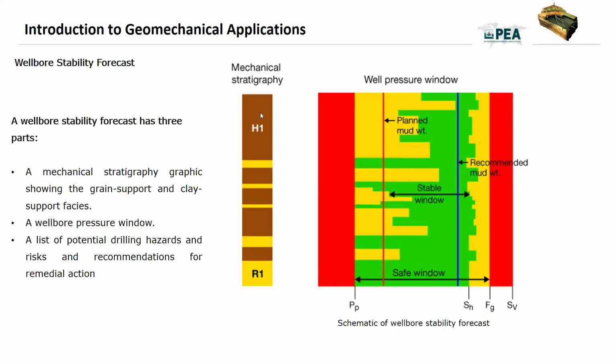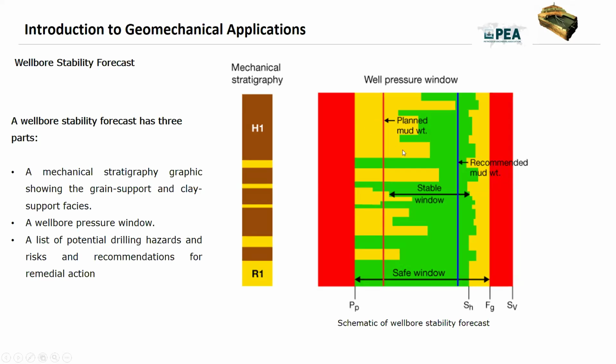So wellbore stability is related directly to the lithology, and also to the elastic parameters. The elastic parameters of the shale are not the same as the sand, and vice versa. So we have to get the mechanical stratigraphy for each well, and also the wellbore pressure window. So this is a list of potential drilling hazards and risks, with recommendations for remedial action, for example.